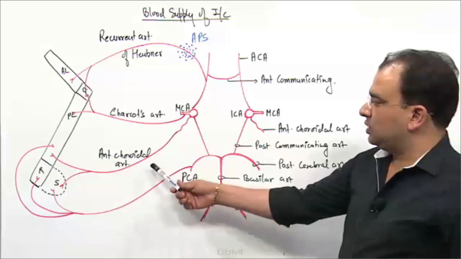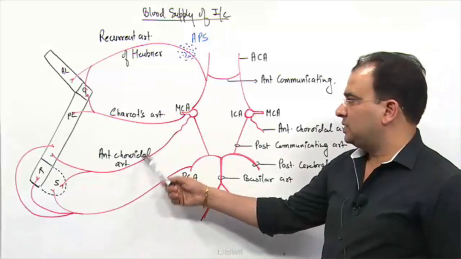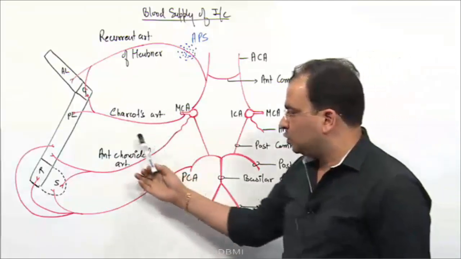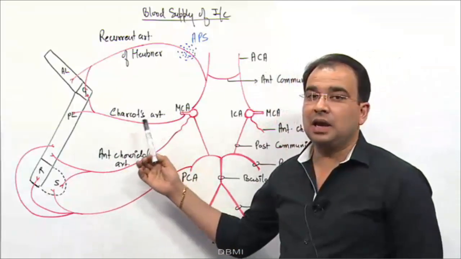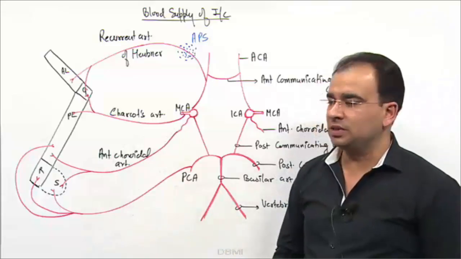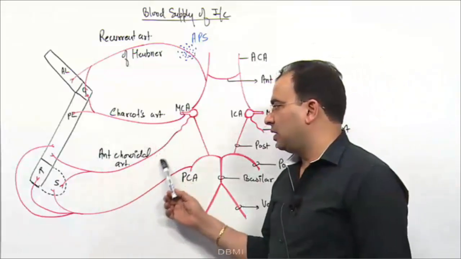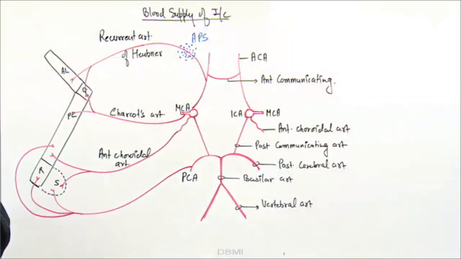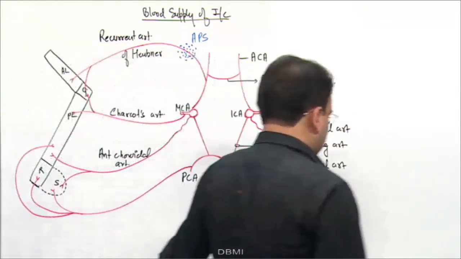And please also note, we said what is Charcot's artery? Charcot's artery is the artery of cerebral hemorrhage. Also note that the anterior choroidal artery is also called the artery of cerebral thrombosis.